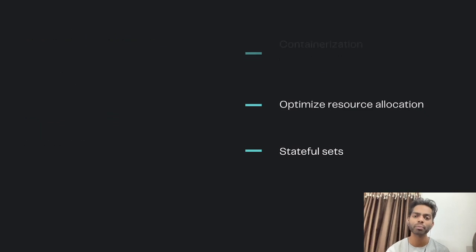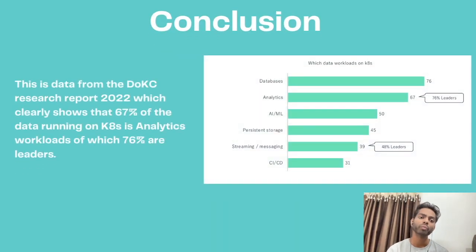Onto the next slide. This is a graph from the DoK Research Report 2022, which clearly shows that 67% of the data running on Kubernetes is analytic workload, of which 76% are leaders.